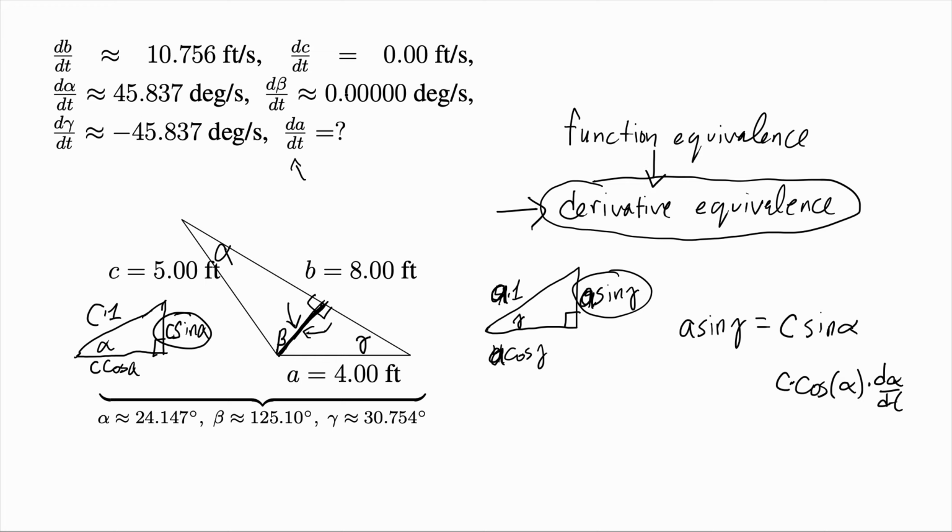It's just going to be 0 radians per second. But for these guys right here, notice they're just negatives of each other, which should make sense, because the angles add up to 180, and this guy's a constant, so alpha plus gamma is going to be a constant value, and when you take a derivative of that, the derivatives will be negatives of each other. So that's great. That's reflected here, but we'll have to convert this to radians per second.